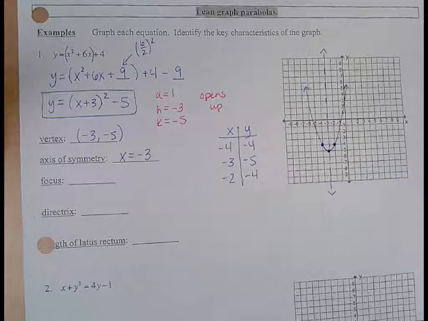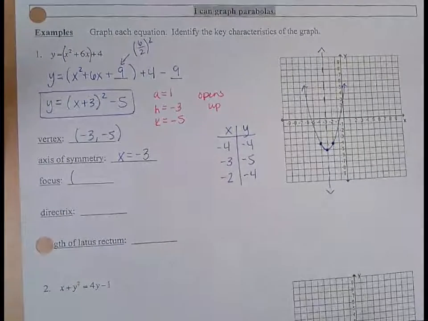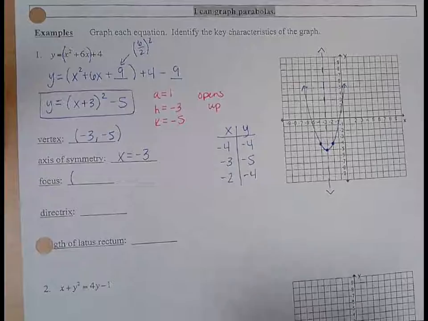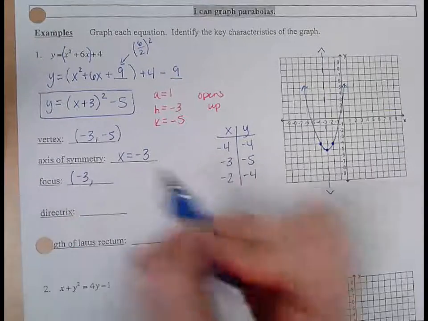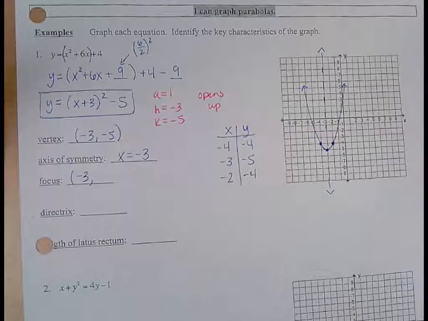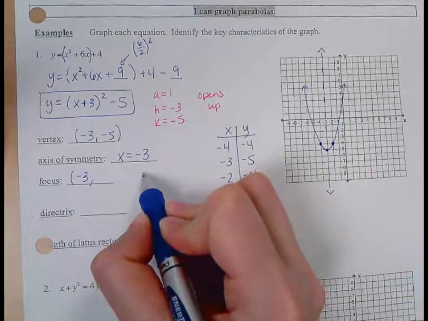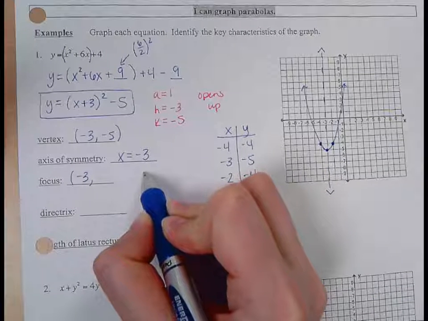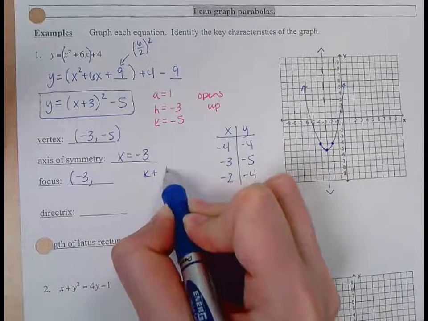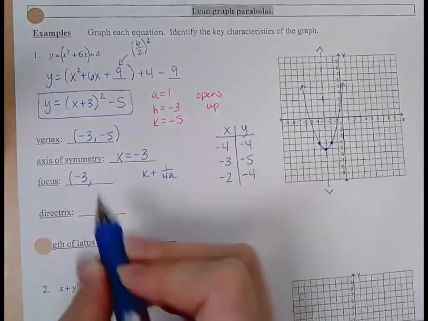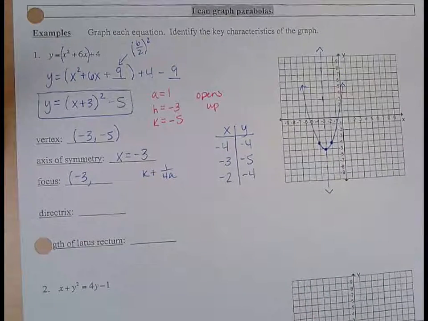On your graphic organizers, the x-coordinate of the focus is h. So I know the x-coordinate is -3. The y-coordinate, I'm just going to do this off to the side. I have to evaluate k plus 1 over 4a to find the y-coordinate of the focus. I know k and I know a, so I can substitute those values into the expression.